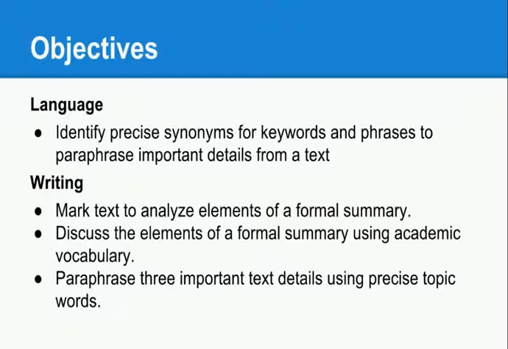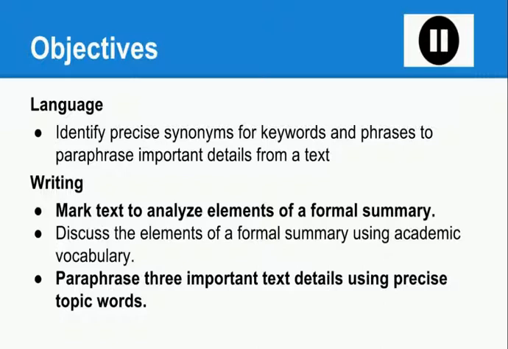Well done. Now, notice here that I have a pause button here because you're about to ask a question to your partner. Now, of all these objectives, I've bolded 2 goals that are particularly important to us today, which is mark text to analyze elements of a formal summary. So basically, I'm going to give you an example summary, and then you're going to mark it up.